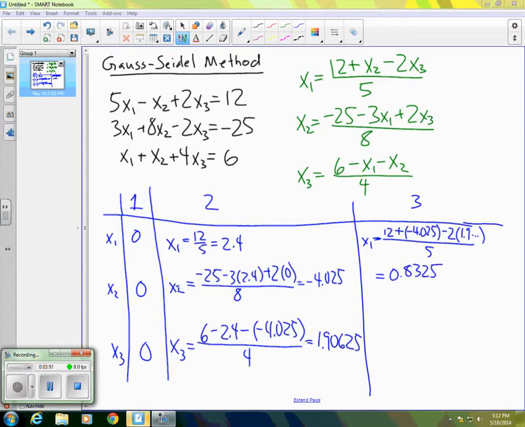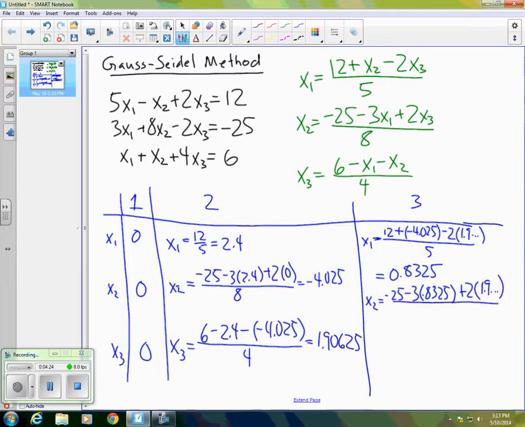Now, when we go on to find our third x2, we'll use that 0.8325 value that we just obtained. So we'll have negative 25 minus 3 times 0.8325, and then plus 2 times the value we had of x3, which was 1.90625.